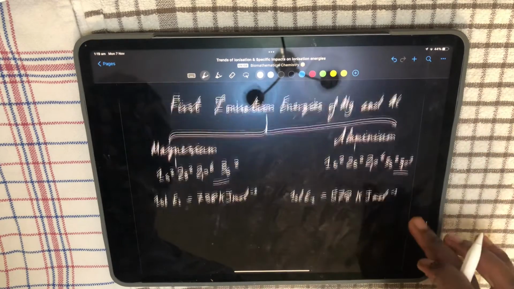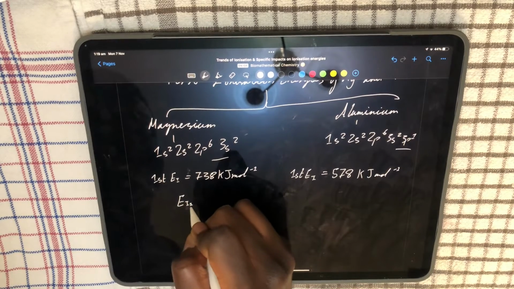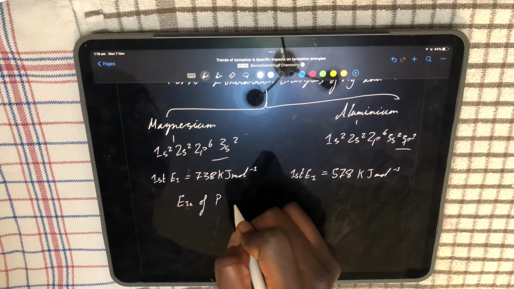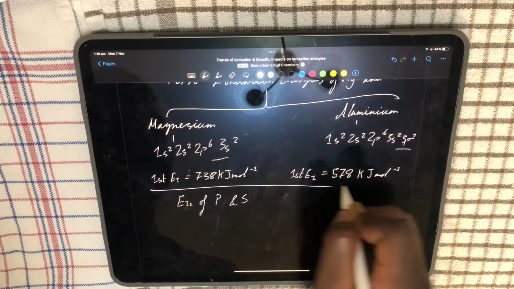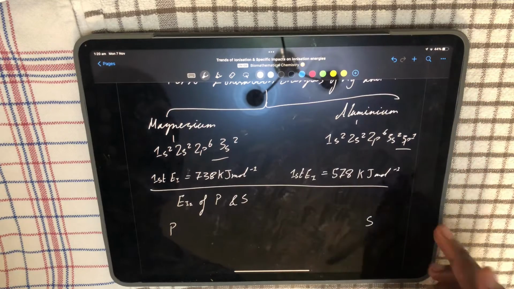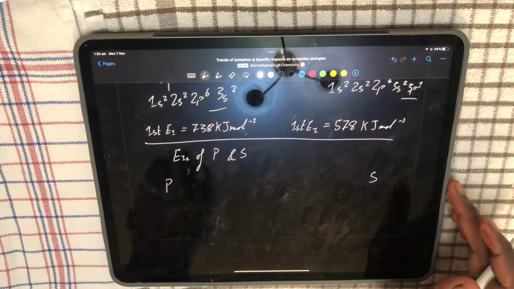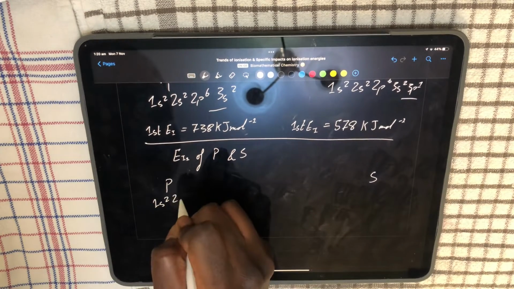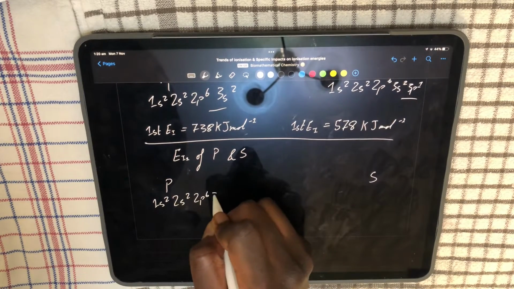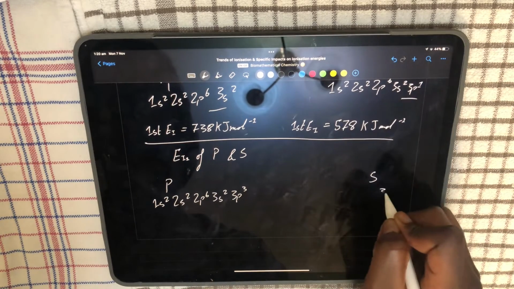And if we now compare the first ionization energy of phosphorus and sulfur, it's about 1s2, 2s2, 2p6, 3s2, 3p3, and so 3p4 here.